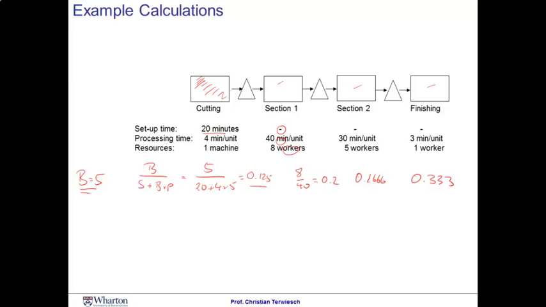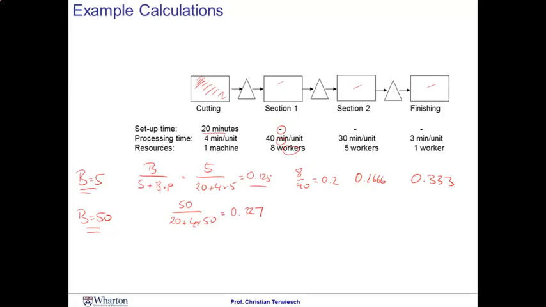Now that was just an arbitrary batch size of B equals 5. Let's consider another one. Say B equals 50. Now at B equals 50, here's what's going to change. At the cutting machine, we now have to look at 50 divided by 20 plus 4 times 50, and that is simply 50 divided by 220, which is roughly 0.227.